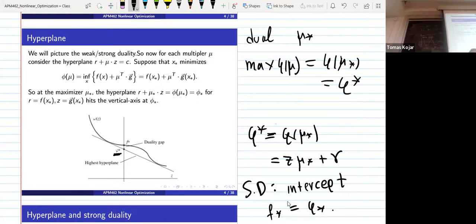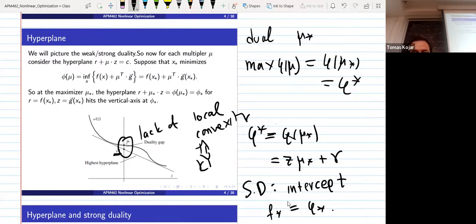If you do not have local convexity, these two will not touch each other. So this is lack of local convexity, which is basically KKT. You understand? So for this line to be tangent to the primal function, you need local convexity, which is KKT. Okay, that's why KKT is if and only if. If you have KKT, you have strong duality. If not, you don't. Okay, good.